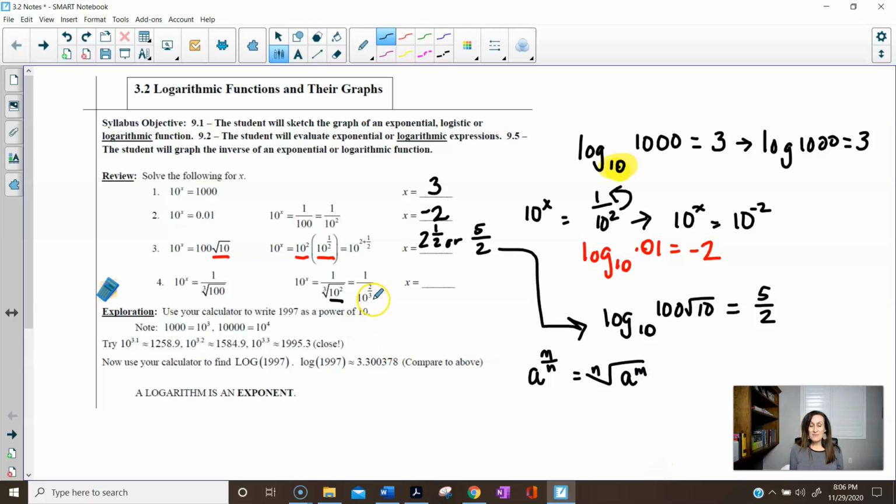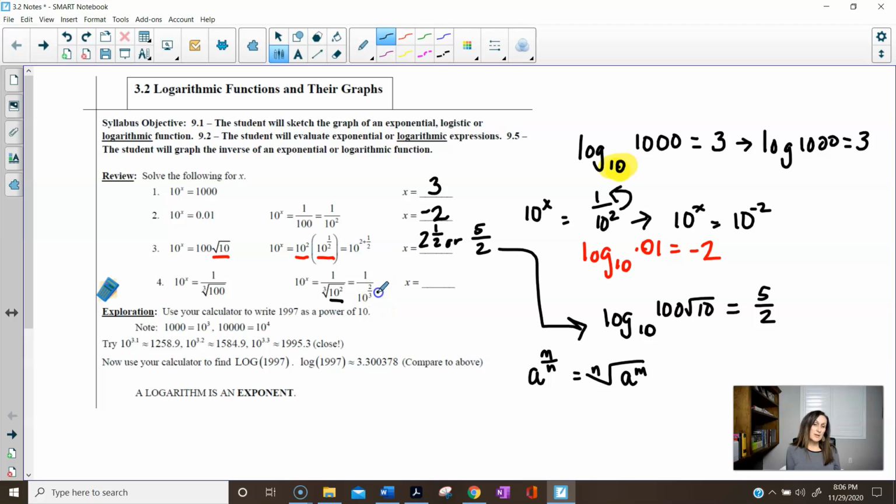So we have 10 squared, and then the cubed root of it, which is this nth root of a to the m. We're going to rewrite it as a rational exponent. So that rational exponent is 10 to the 2/3 power. Remember, the 2 slides on top. The index, which is the 3, slides below. So this is 1 over 10 to the 2/3.